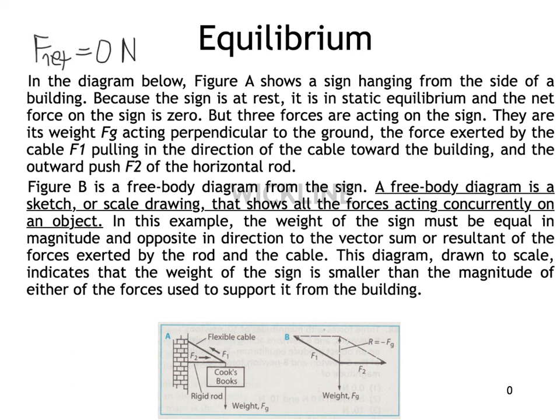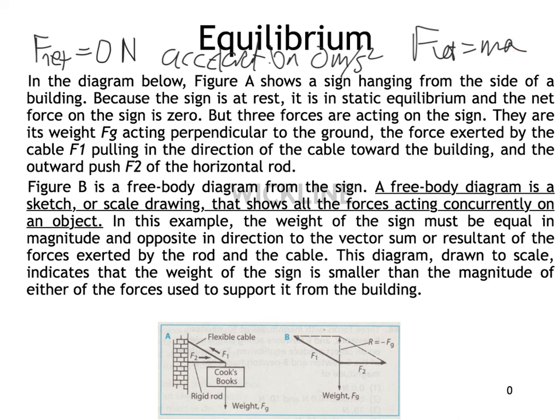Another interesting thing, if you can say that F net is 0, then you can also say that the acceleration will be 0 meters per second squared. And that's because of the equation on your reference table that says F net equals ma. So if F net is 0, then acceleration has to be 0.